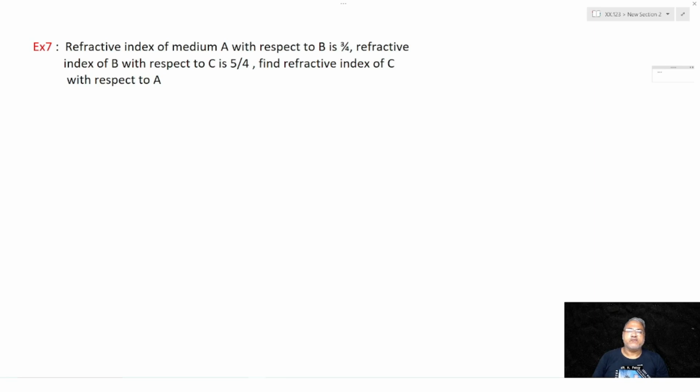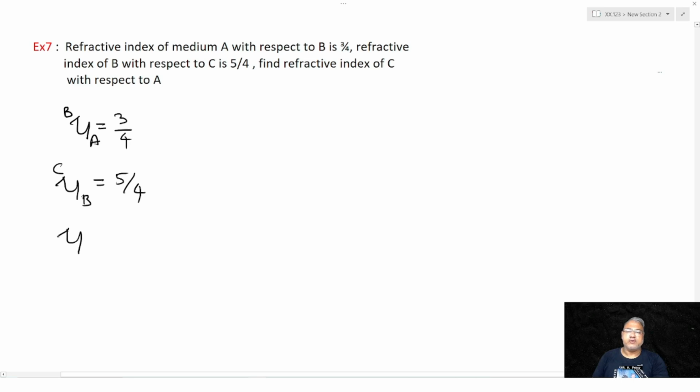Example 7. The refractive index of medium A with respect to B is 3 upon 4, and the refractive index of B with respect to C is 5 upon 4.